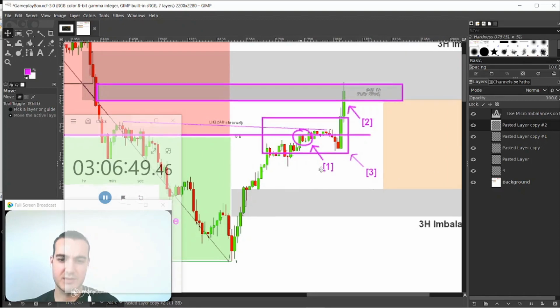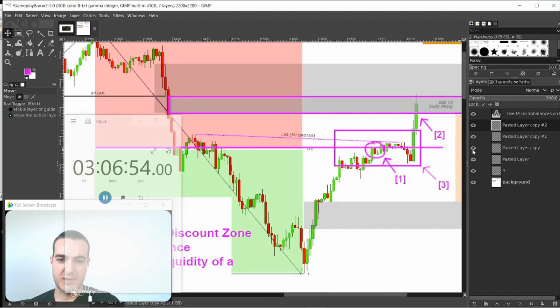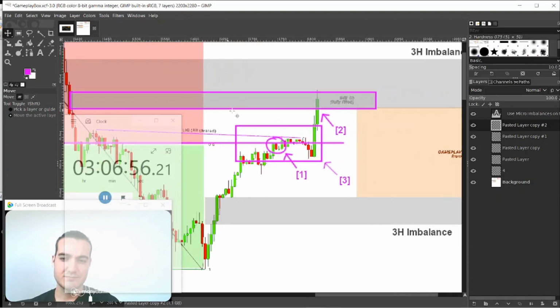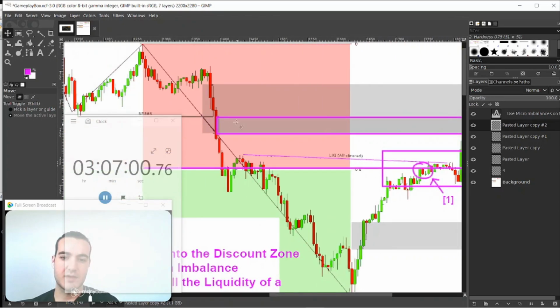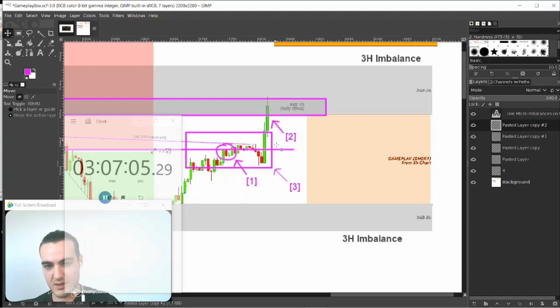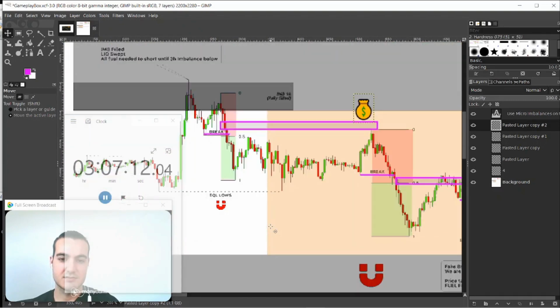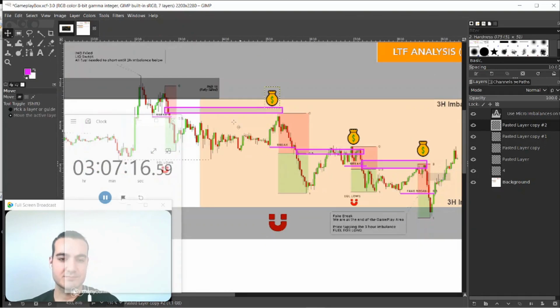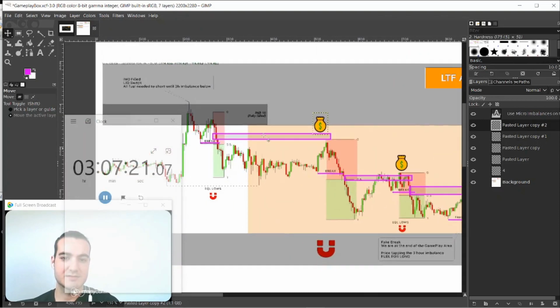Price comes up, absorbs this liquidity from this volume area, makes its way up into a 1 hour imbalance, and sets the stage for the next movement, which would be this gradual trek down to the lower 3 hour imbalance.